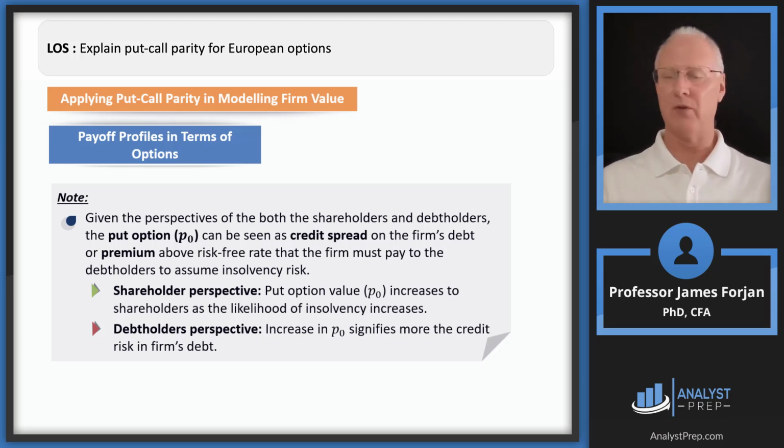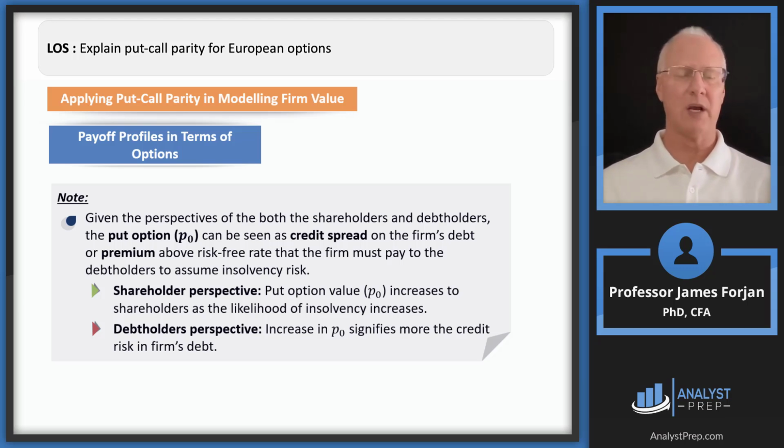But of course, we know Milton Hershey and William Proctor and all these companies, their bonds are not default risk-free. So that put option can be seen as a credit spread above that risk-free rate, so that the bondholders are going to assume some of that default risk. Right?